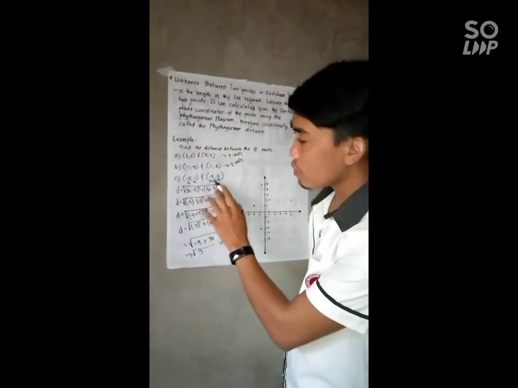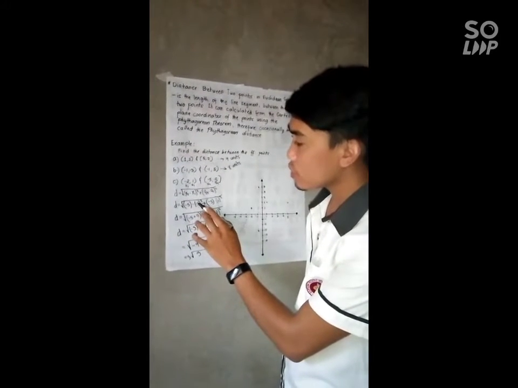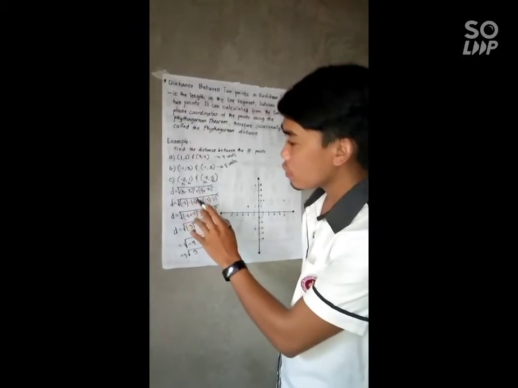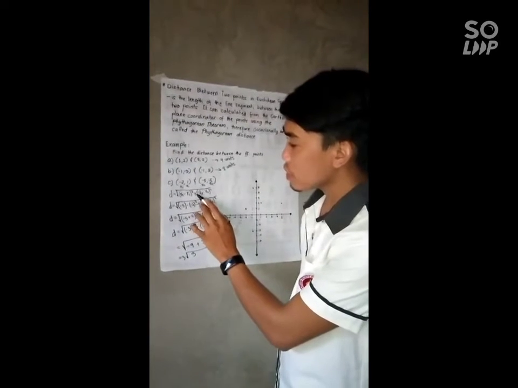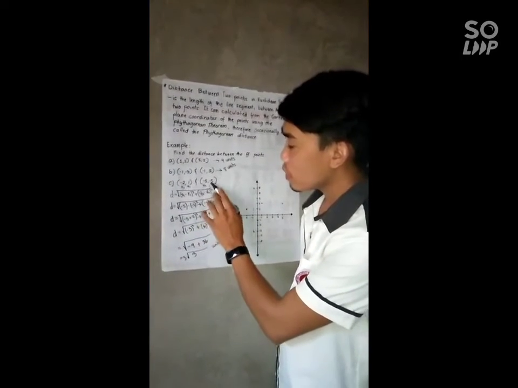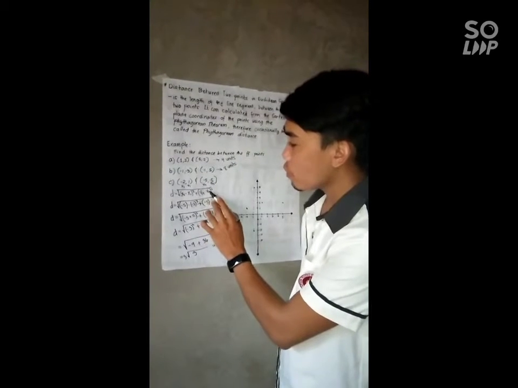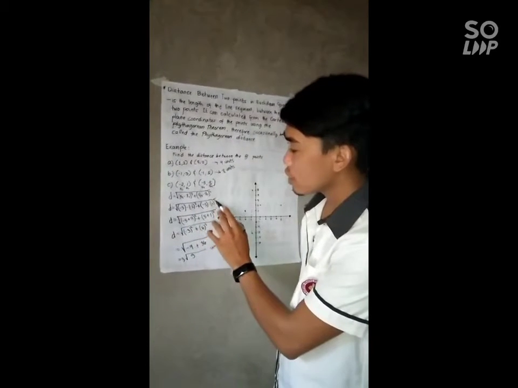So x2 is negative 5 minus x1, negative 2, squared, plus y2, negative 5, minus y1, 1, squared.